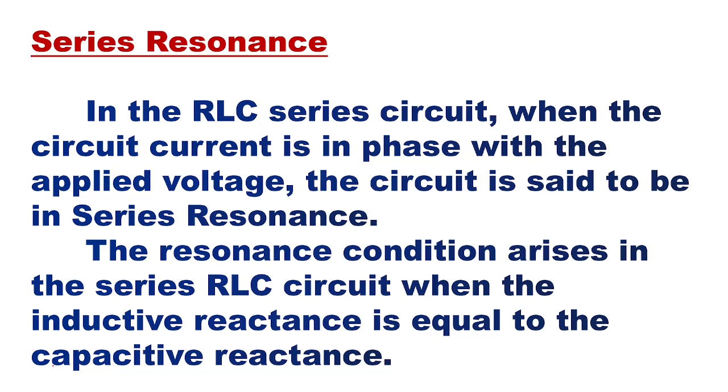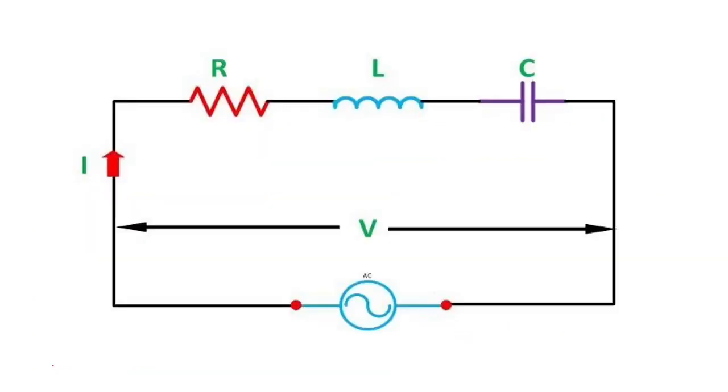Secondly, we can also say that the series resonance condition arises in the series RLC circuit when the inductive reactance is equal to the capacitive reactance. Now we will understand all this when we see the circuit diagram. Here we have our circuit diagram. In this circuit you will see that we have a resistor R in series with inductor L, which is in series with capacitor C. So this is an RLC series circuit.